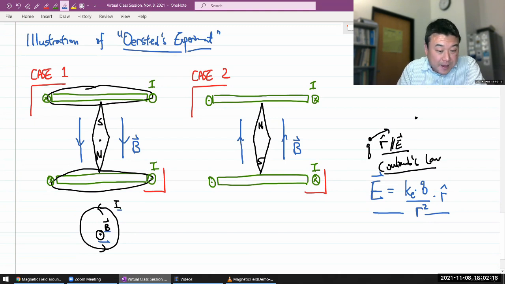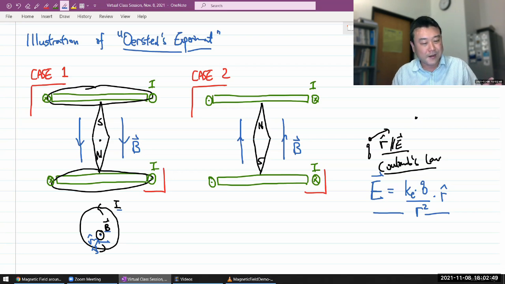We can't even say somehow there's a simple relationship between the segment of this current carrying wire which generates the field and this r hat vector that points from the source to the point where you are establishing the magnetic field. And I will just leave it at here, which is that it took a lot of smart people doing very careful experiments to somehow figure out this relationship.